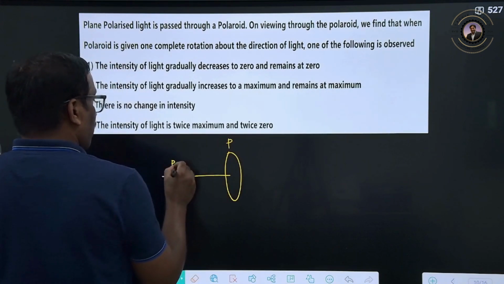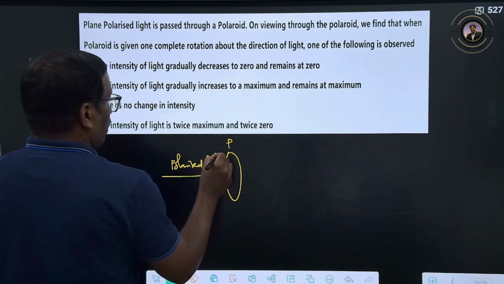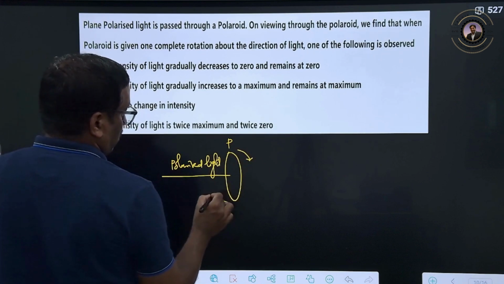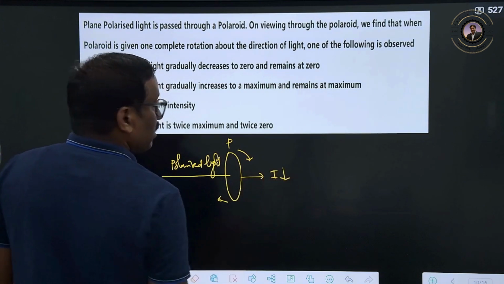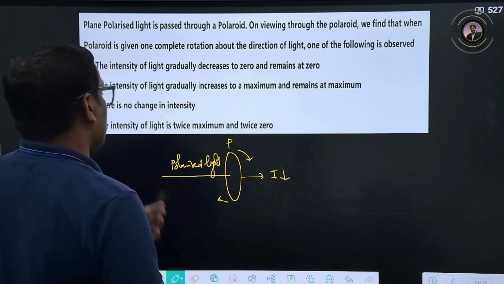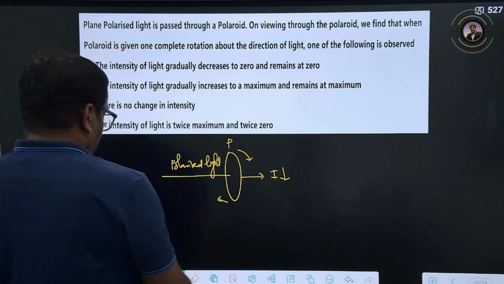So this is your polarized light, I told you already. What he did now was rotate this one. Definitely the outcoming intensity will change. Clear? The outcoming intensity will decrease, again it will come to 0, again it is going to become a maximum. Like that it will happen.